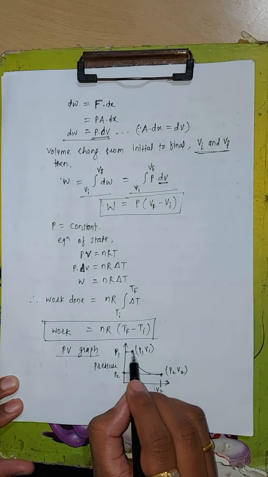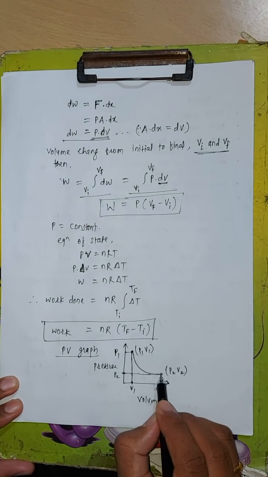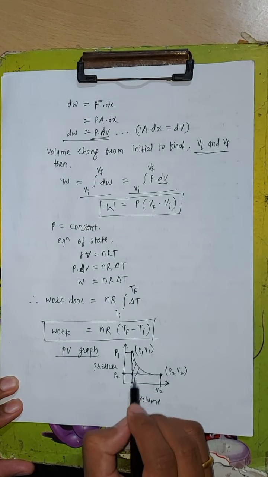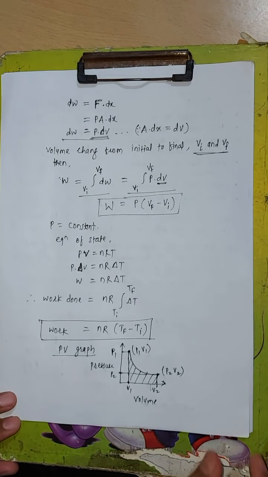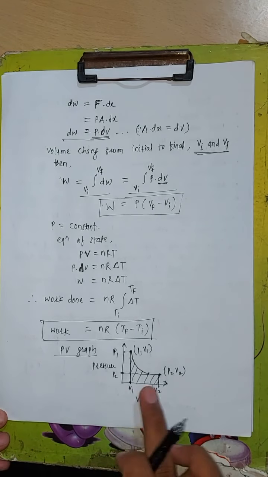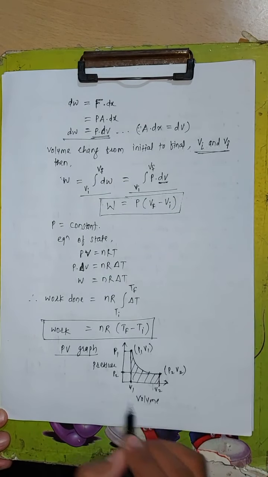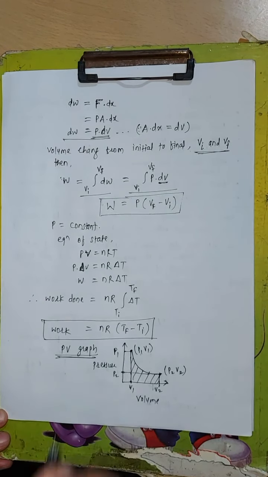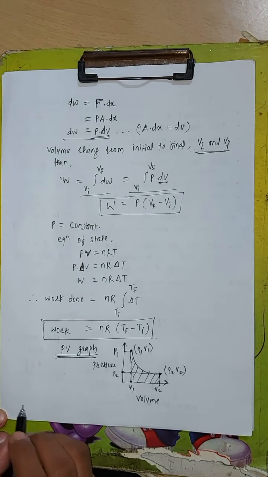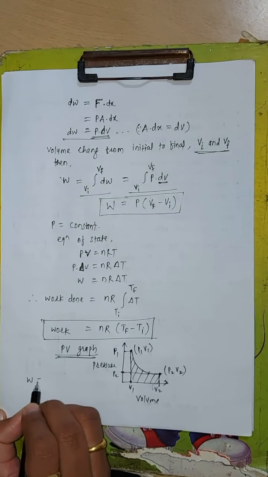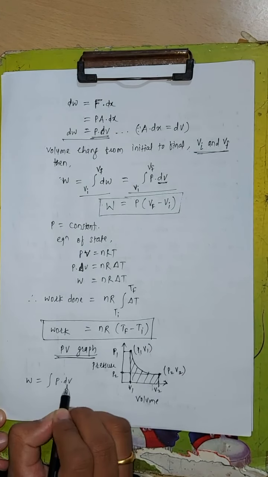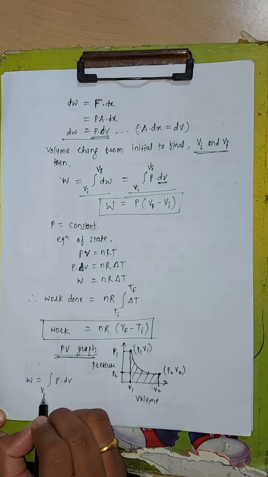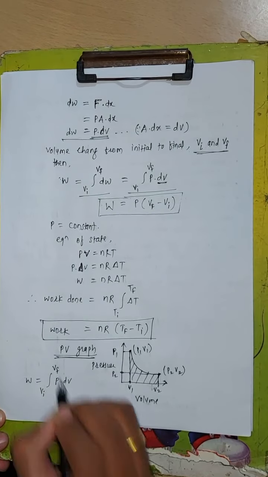So here the coordinates are P1, V1 and here P2, V2. So there must be an area under this graph. That much area under this graph, the area under the graph of PV. This particular graph is known as a PV graph. We have an equation for work done, that will be integration of P into dV, and the volume goes from initial to final position.